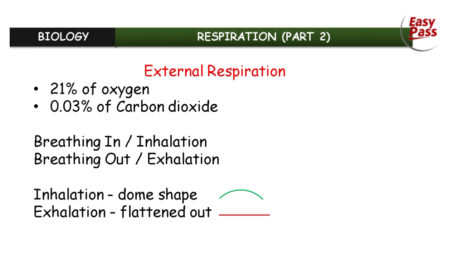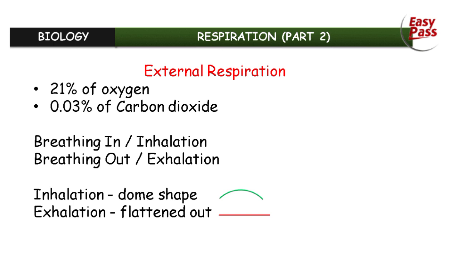So that's for external respiration. In some cases, you might be asked which of the following best describes air that is coming out during exhalation. Your attention should be focused on the percentage of oxygen and the percentage of carbon dioxide. If the oxygen content is lower than 20 or 21, you should know that that is air coming out of the body.